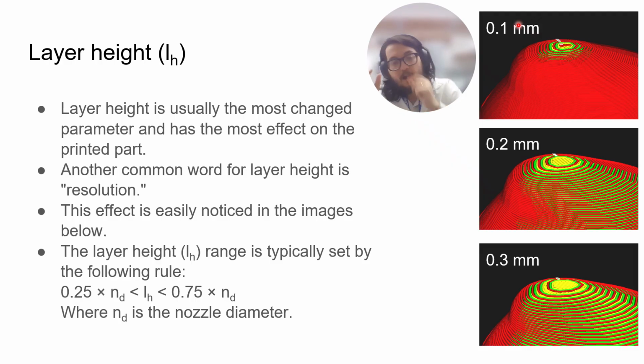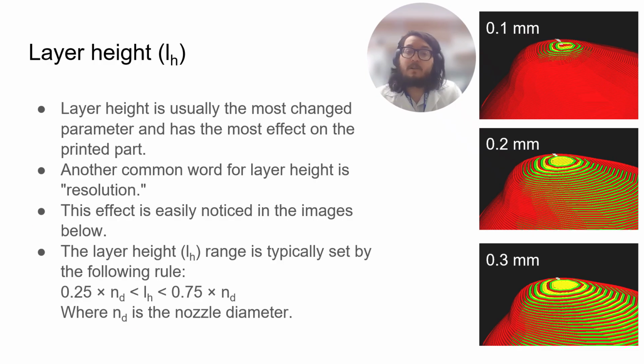There is a rule of thumb from when I used to work in a makerspace that we used to follow, where your layer height has a range in which you can set it. It's typically set by an empirical rule that we had, with 25% of the nozzle diameter as your lower bound and 75% of your nozzle diameter as the upper bound.